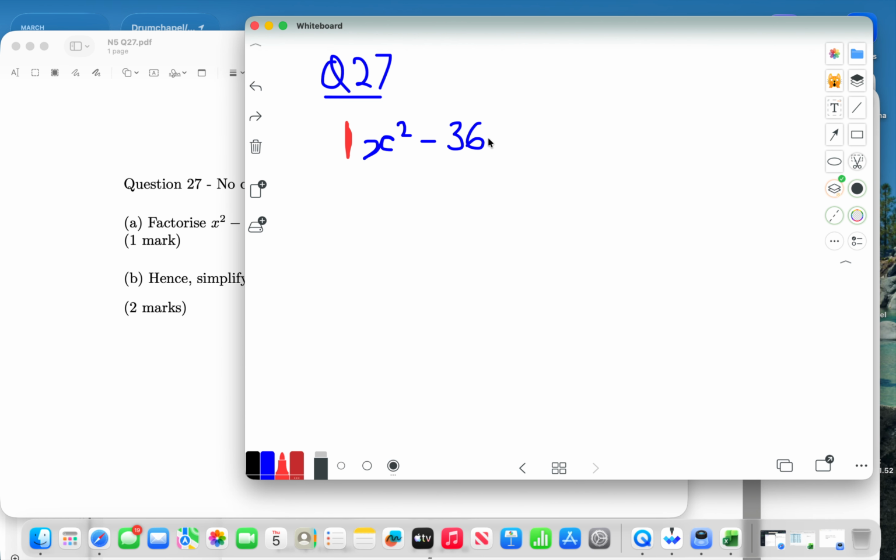And there's no x term being multiplied by the 36. So there's an x squared term and there's a term without an x, called independent of x. So there's no common factor. So we'll say common factor.